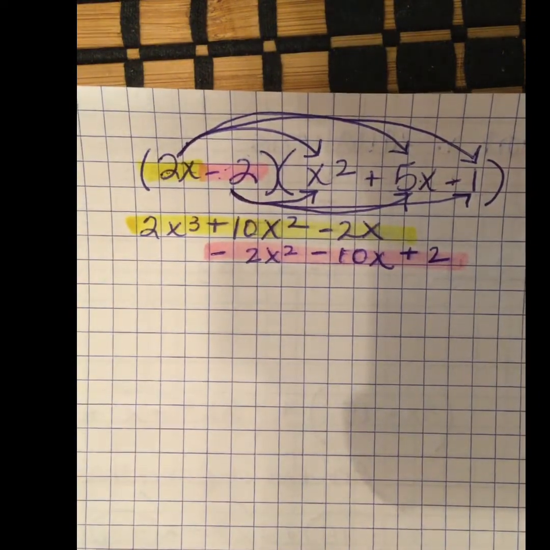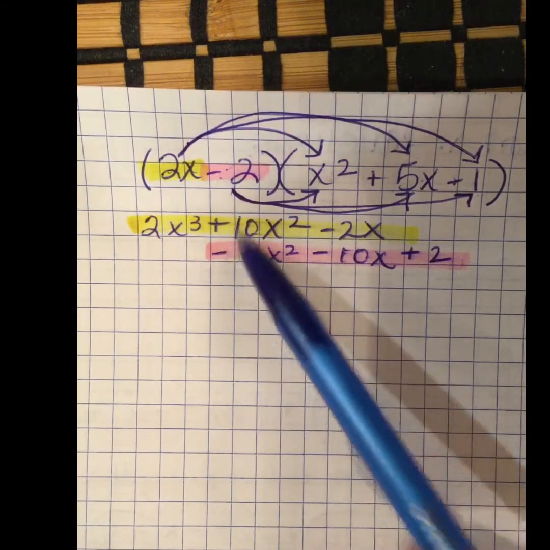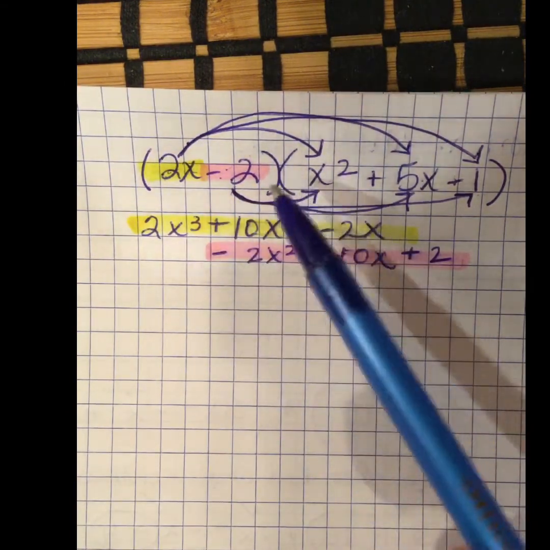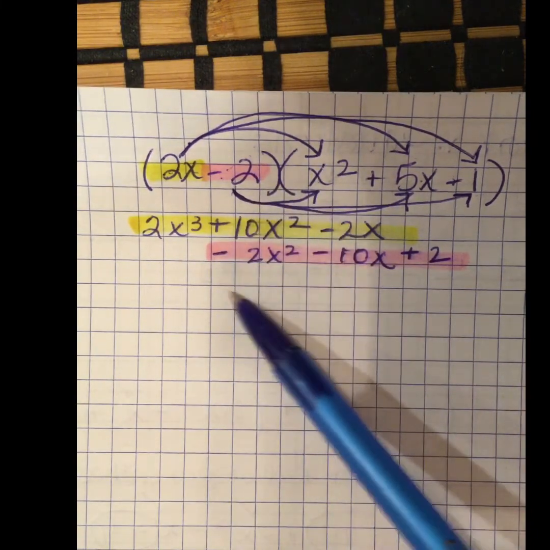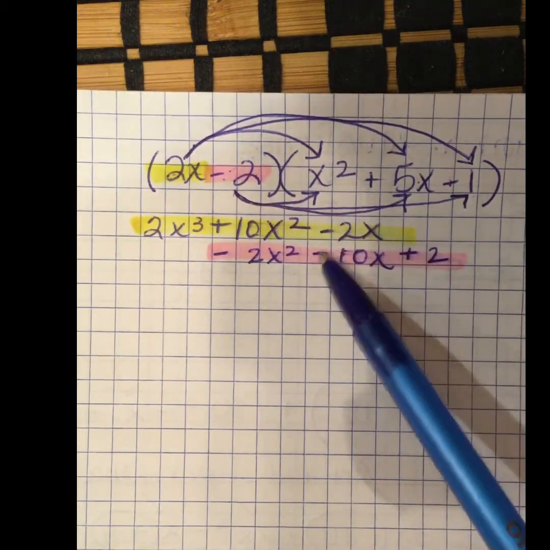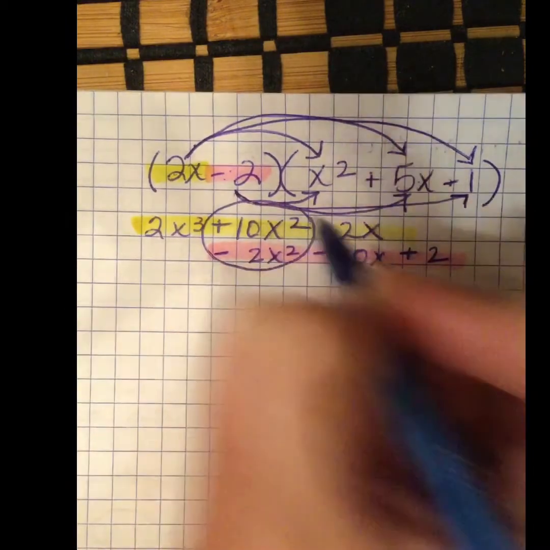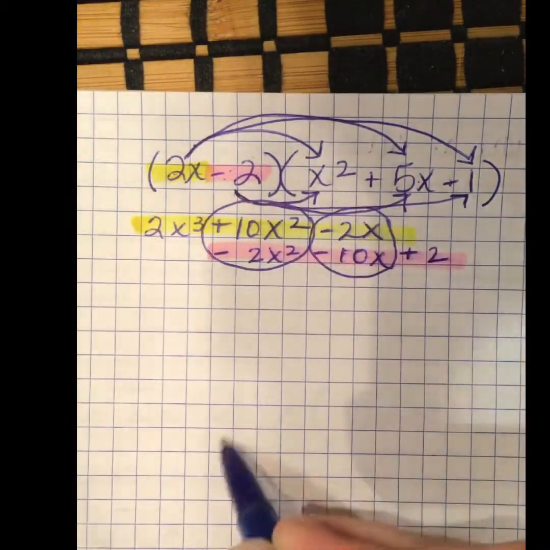And if we were in class, I would ask you, does anyone know why I offset my 2 lines? And I'm hoping that some of you would say, oh, it's because you have the like terms already lined up. So I know that these get combined, and I know that these get combined.